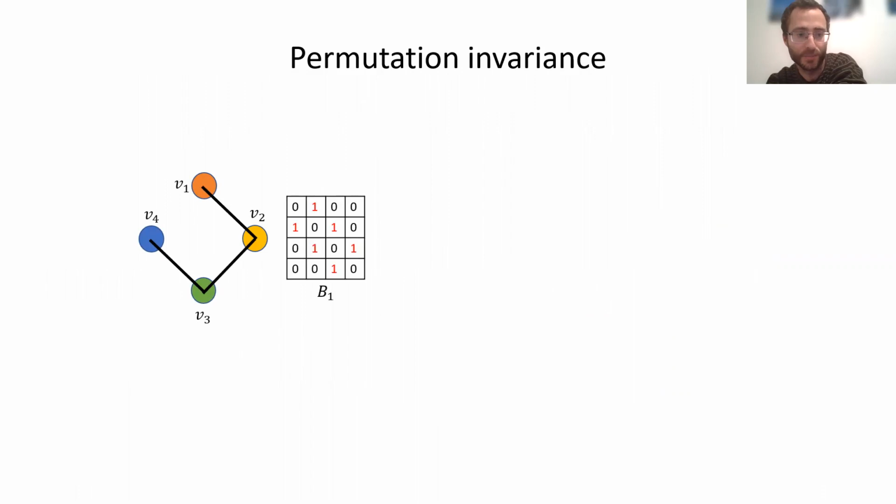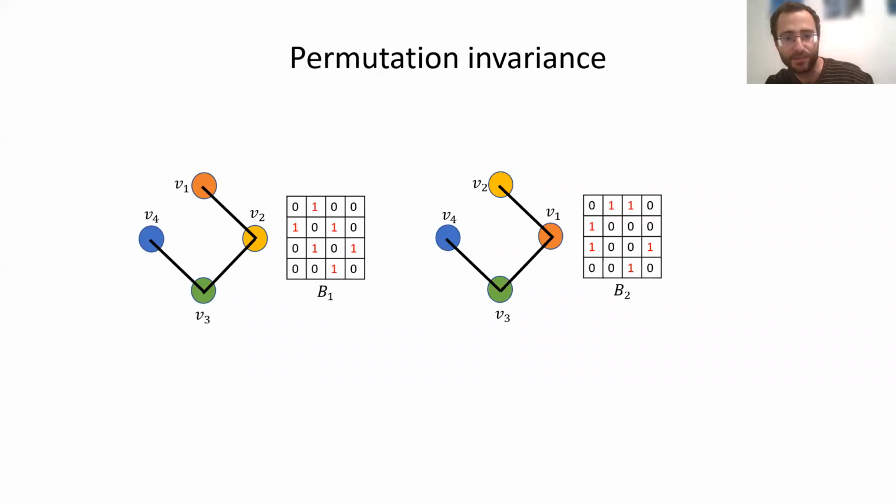Here's one graph, represented by some adjacency matrix. If I just take the yellow and orange vertex and change their order, suddenly it's represented by a very different matrix, but you'd like your algorithm to know that these two matrices are actually the same. They represent the same graph.